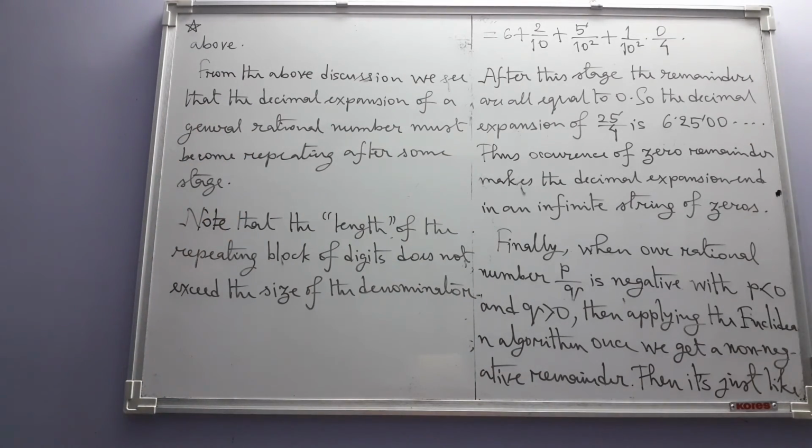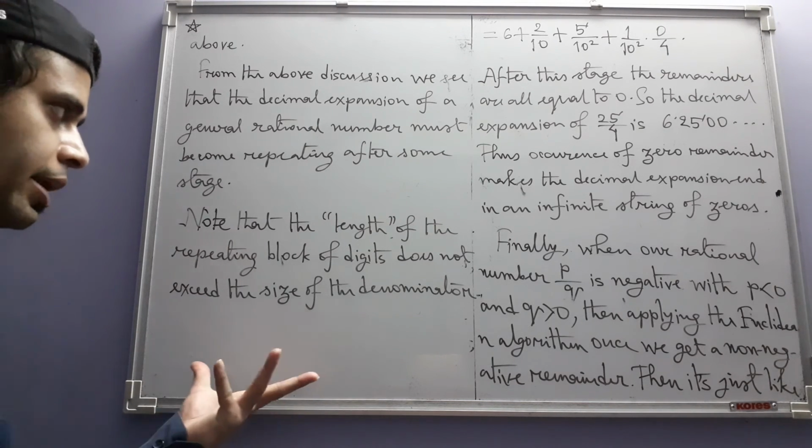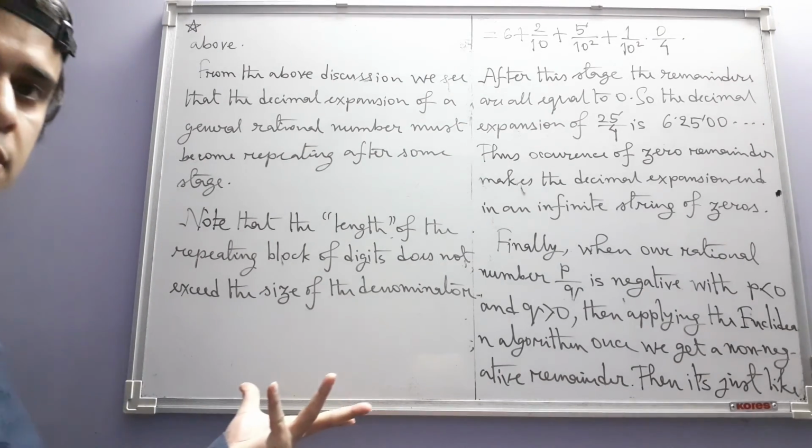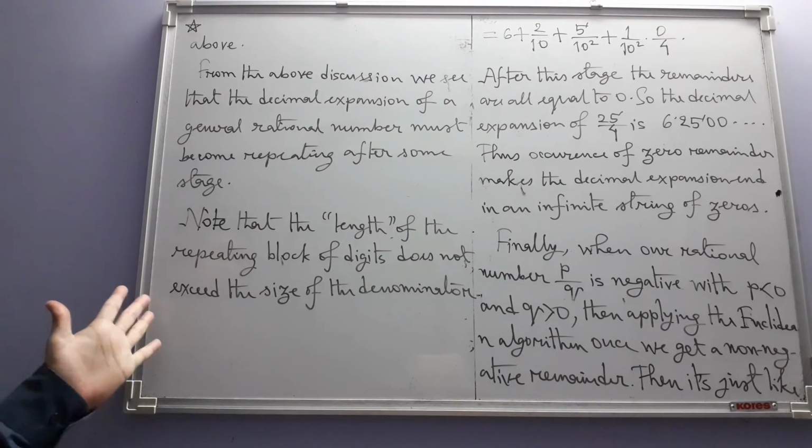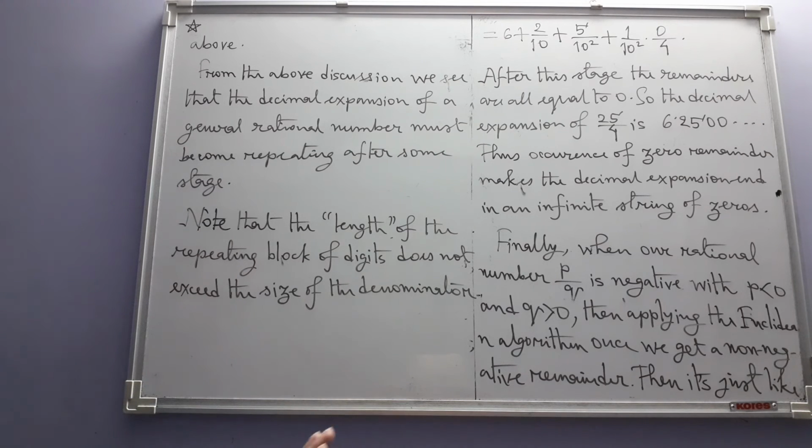This is an observation which is somewhat interesting. The repeating block that we are getting, its length, meaning the number of digits in it, will not exceed the size of the denominator, the divisor.